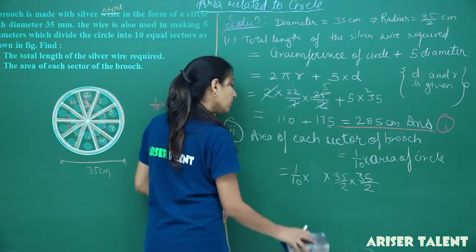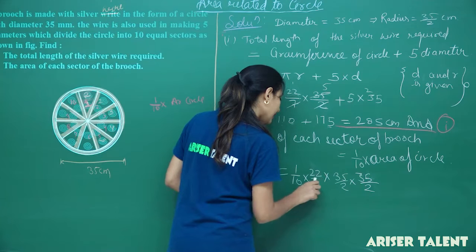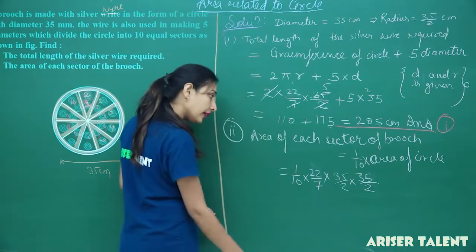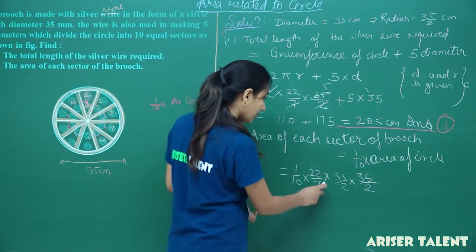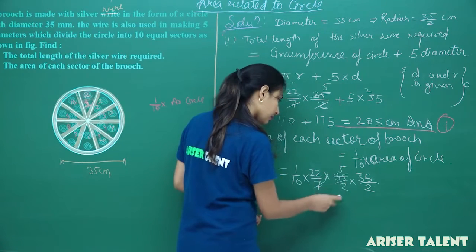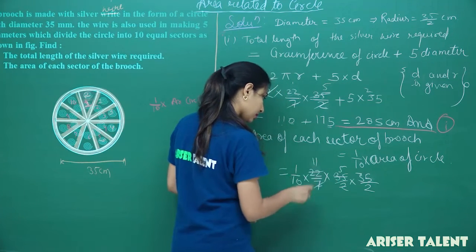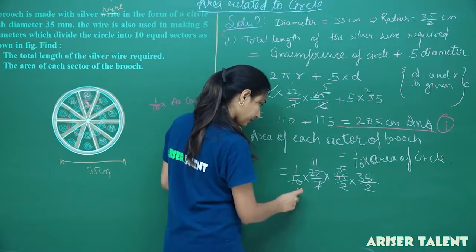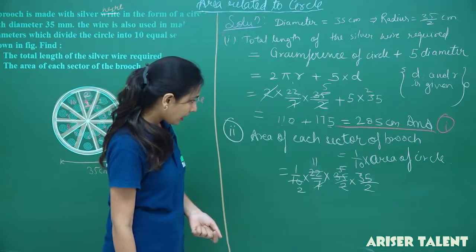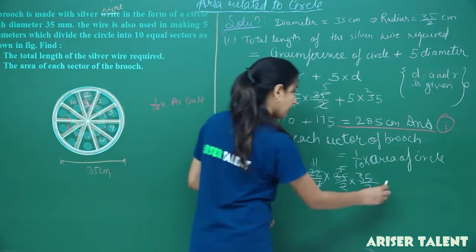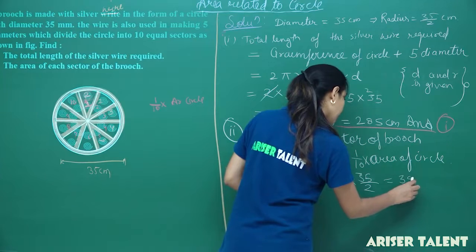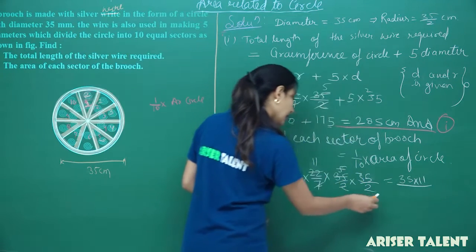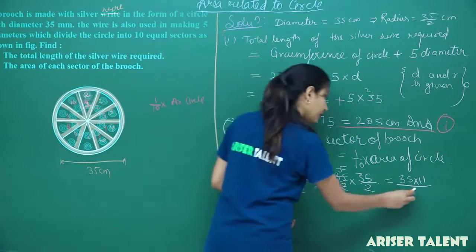Now, pi's value, unless otherwise specified, I will take as 22 by 7. Can I just simplify it by 5 times, by 11 times, by 2 times? Anything remaining? No. So it will be 35 multiplied by 11, and here 2 and 2, that will be 4.